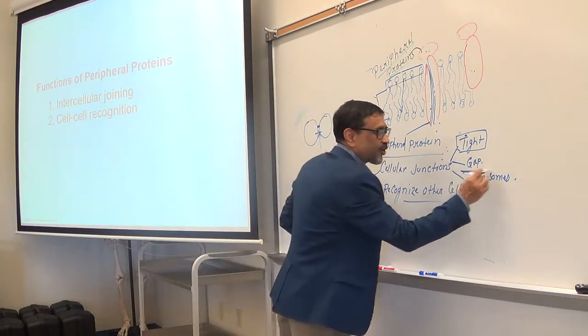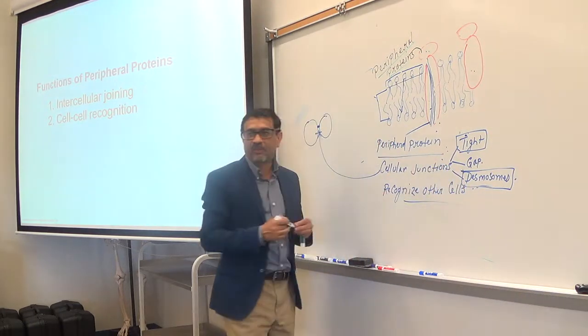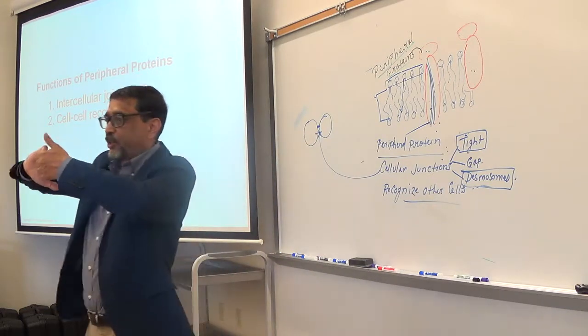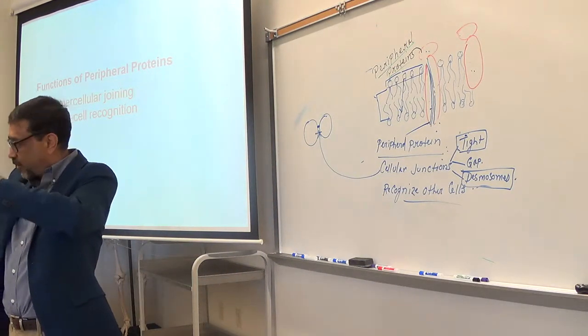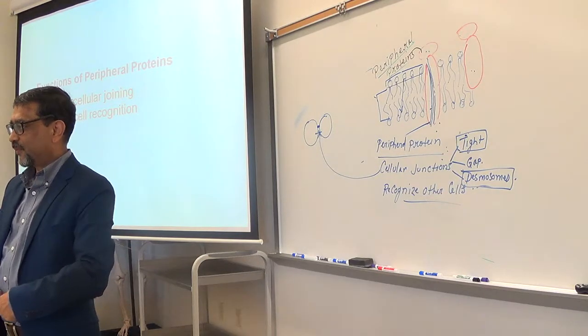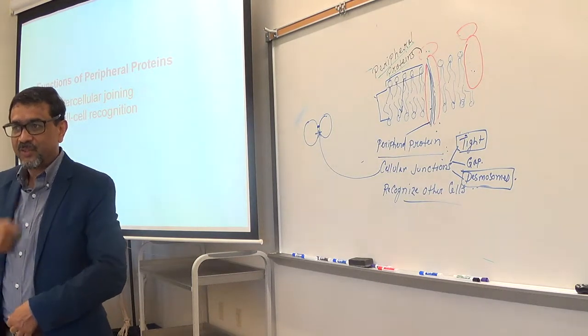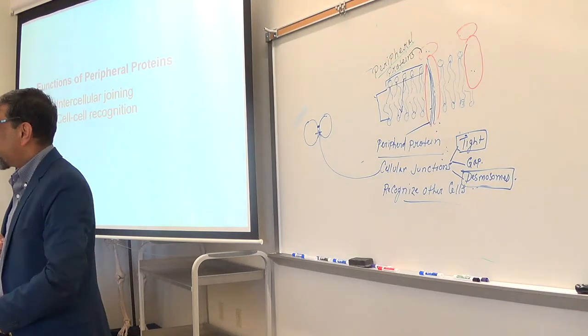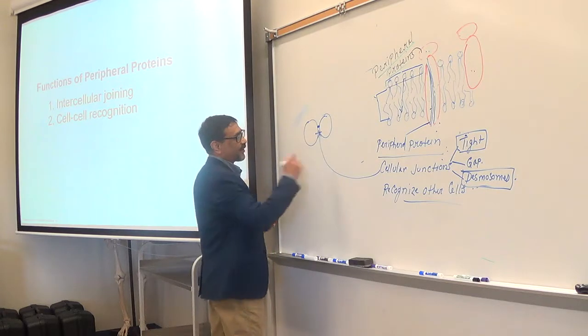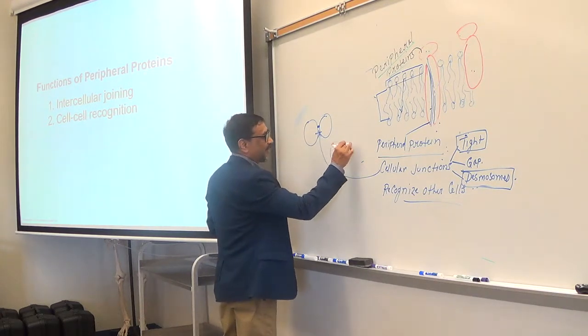Desmosomes are very strong junctions that hold the cell membranes very strongly attached. Have you seen the zipper you use in clothes, right? Desmosomes are like that. You see, this is one cell, this is another cell.